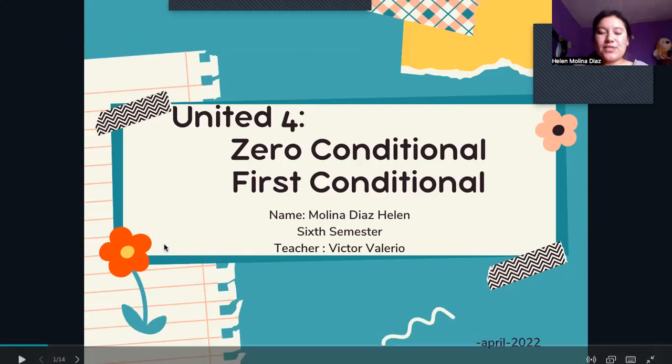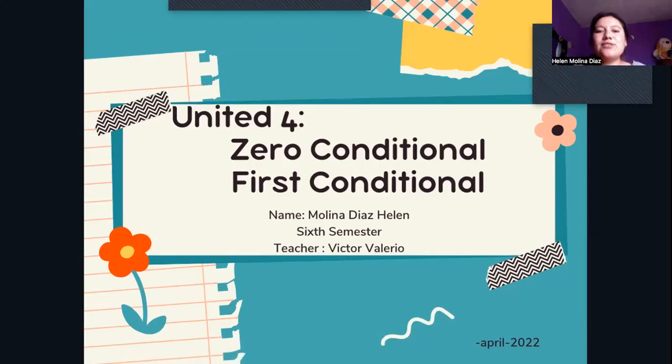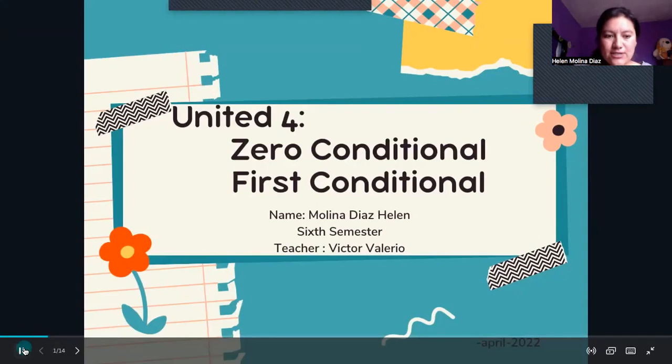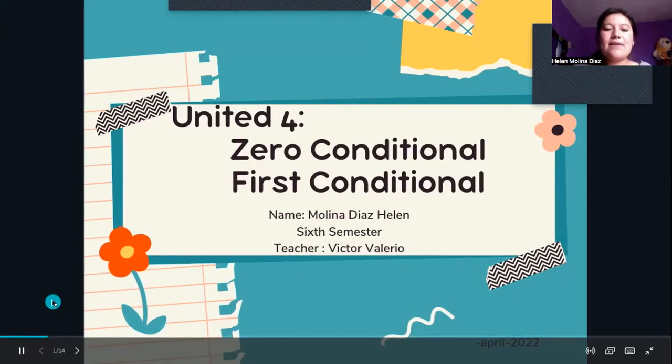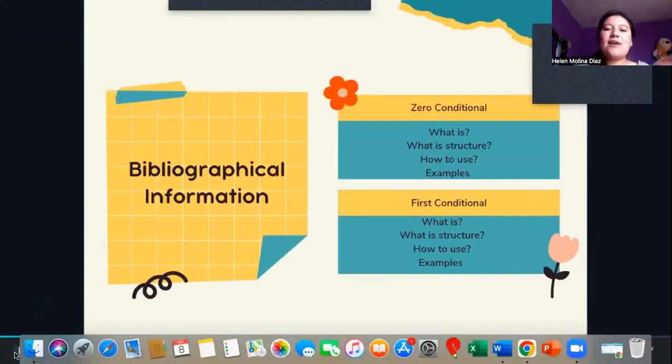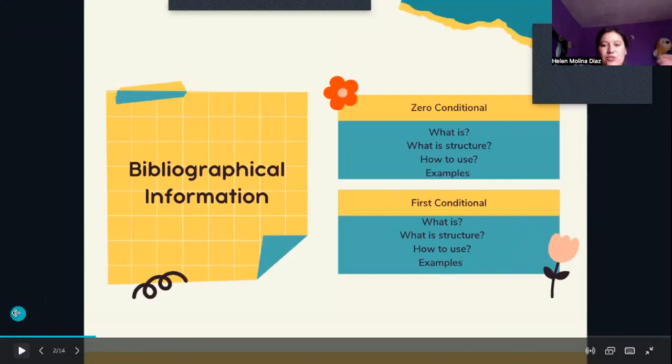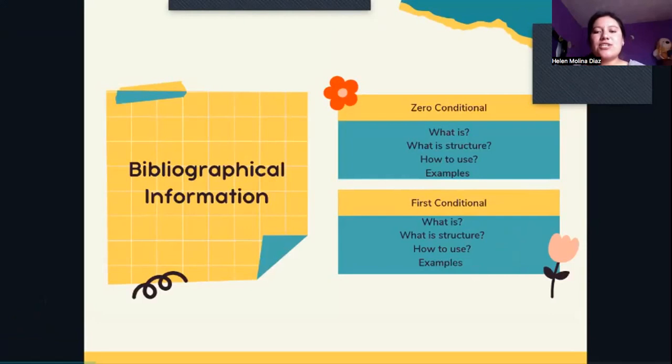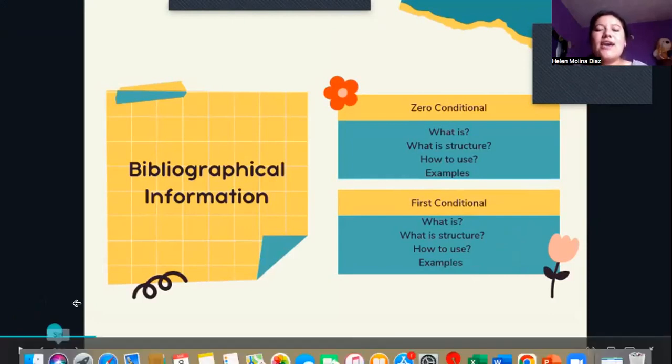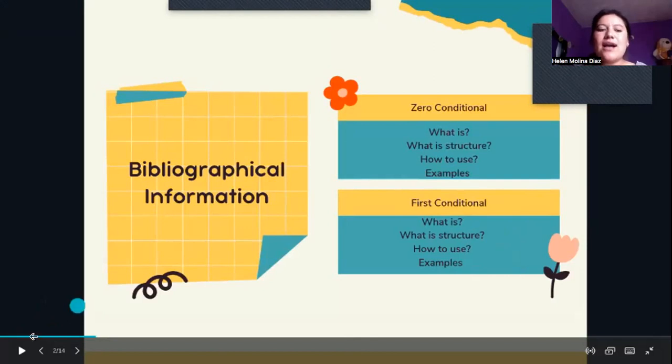I am here today to express a lecture about the unit for the zero conditional and the first conditional. What is the use, the structure, and how to use them, with examples.